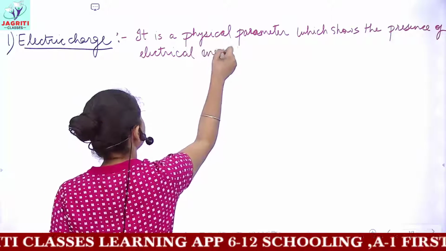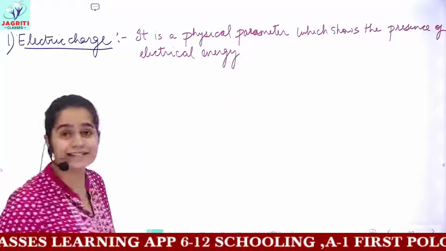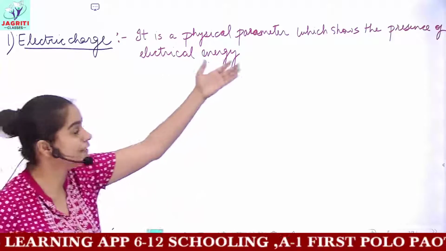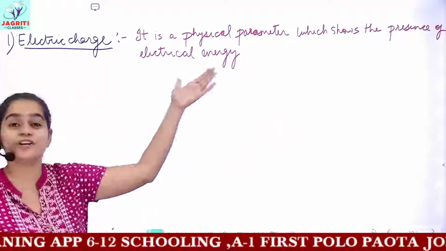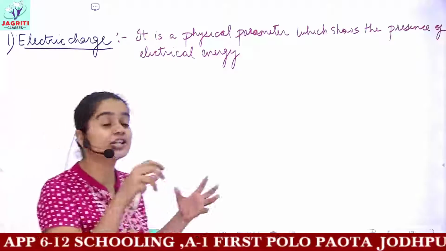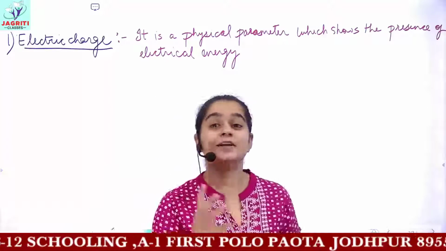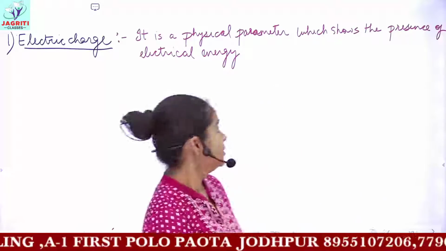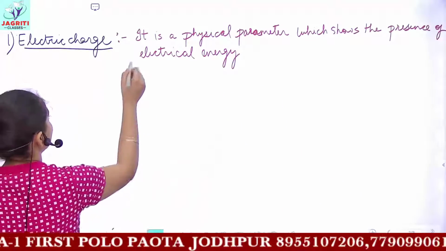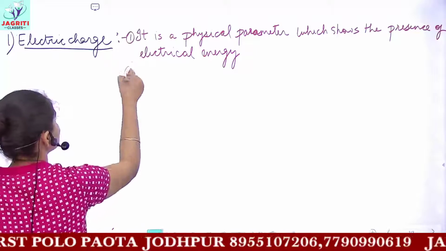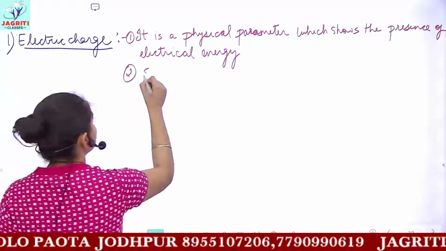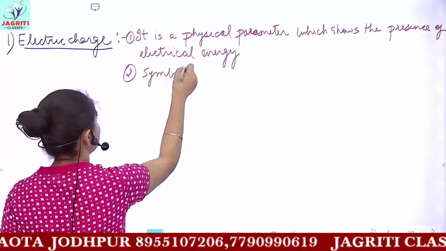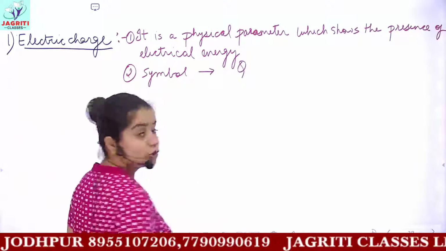When we are defining charge in terms of physics, this charge is a physical parameter which shows the presence of electrical energy. Wherever the charge is present, you can say there you have electric energy or electricity. The first point is the definition, the second point is its symbol. The symbol used to denote electric charge is capital Q.